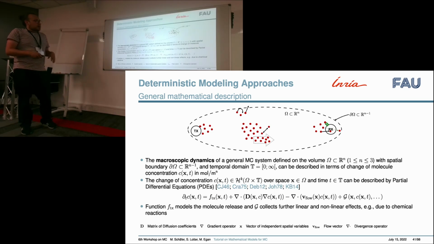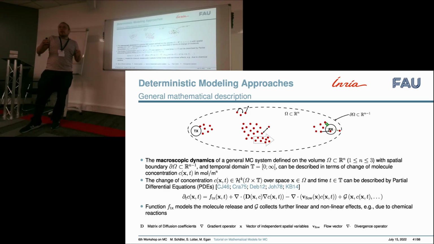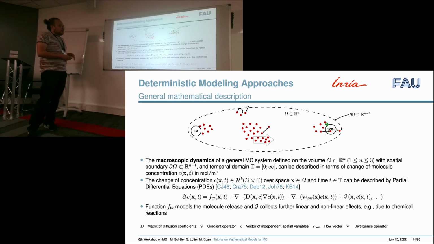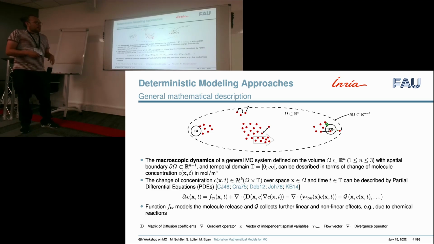Then we have this part for diffusion, with this being the gradient operator. And then we have a diffusion coefficient denoted as a matrix, because we might have not an isotropic diffusion, so the diffusion coefficient might be different for different directions. In practice, this D here is mostly assumed to be constant. Then we have a term which models flow.